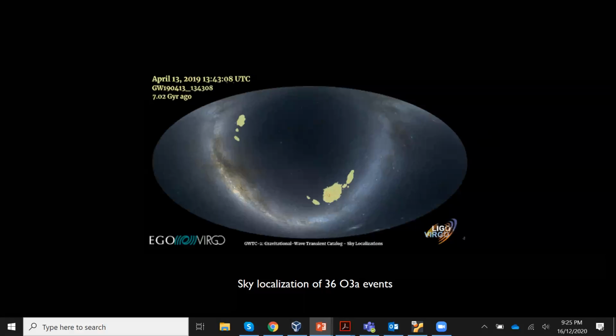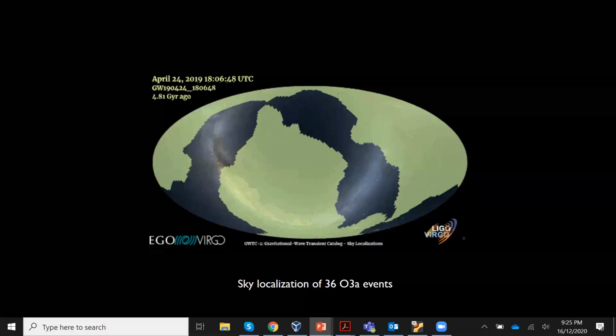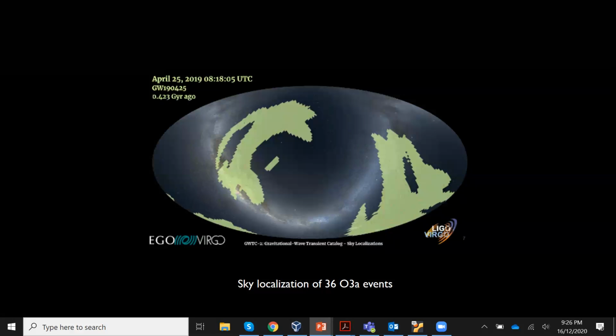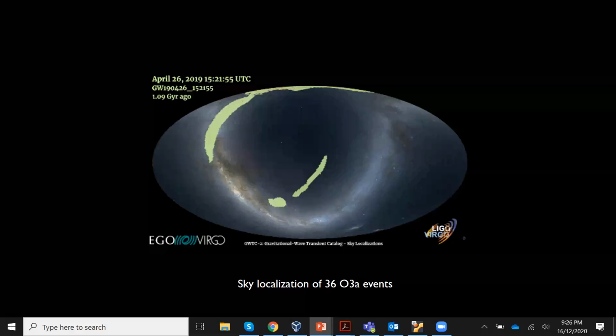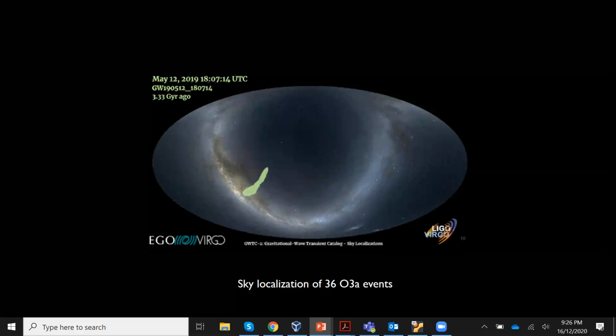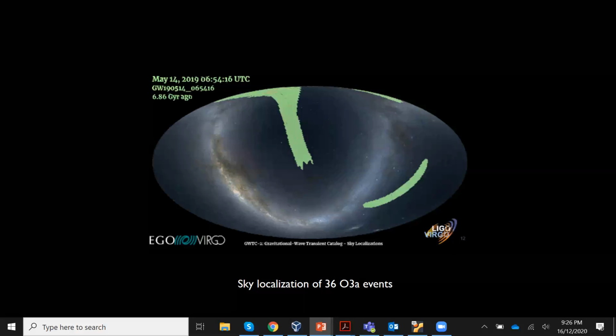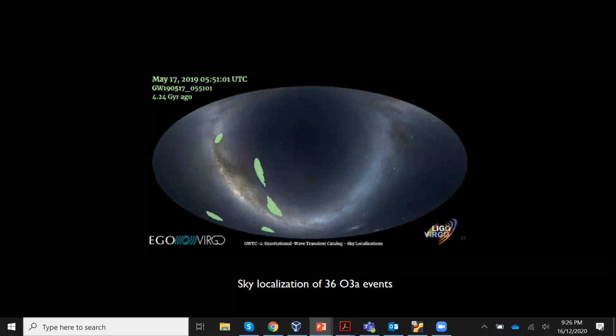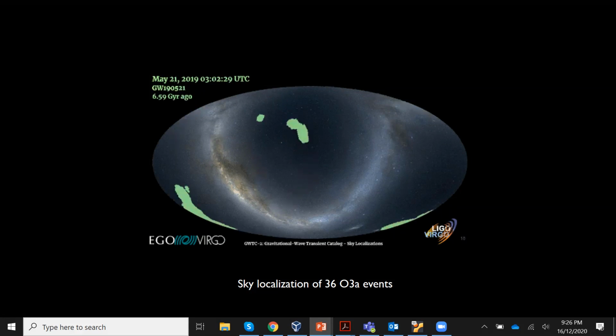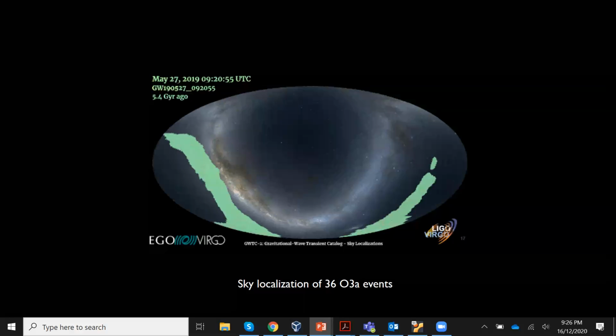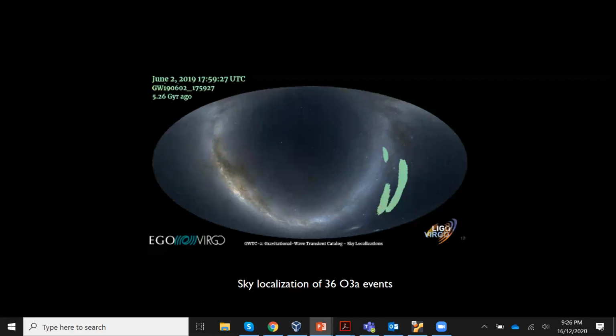This animation shows the sky localization contours of all the 36 events from the first half of LIGO's third observation run. And you can see here that these contours have various different kinds of sizes. Some of them are really small because they are very well constrained and they were detected by all three detectors together. And some of them have very large contours which are spread out all over the sky.